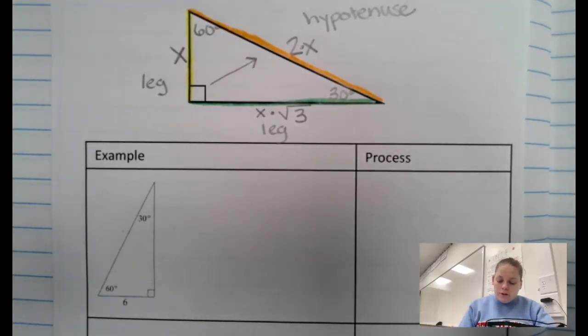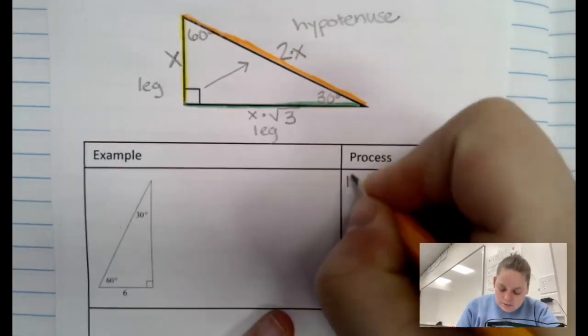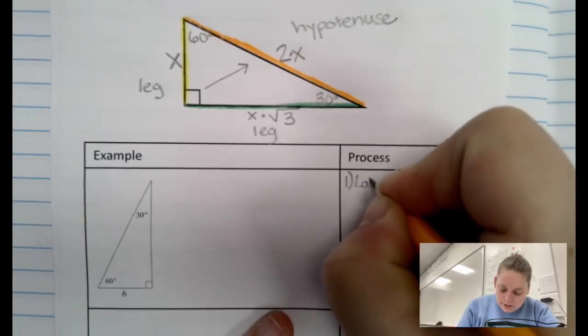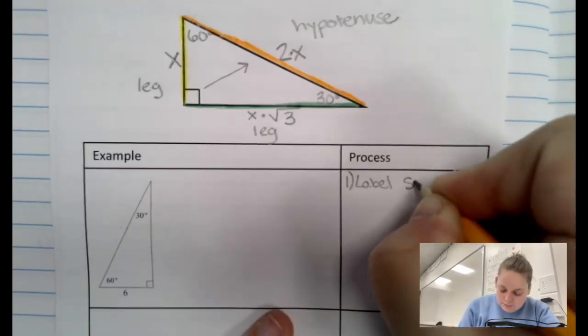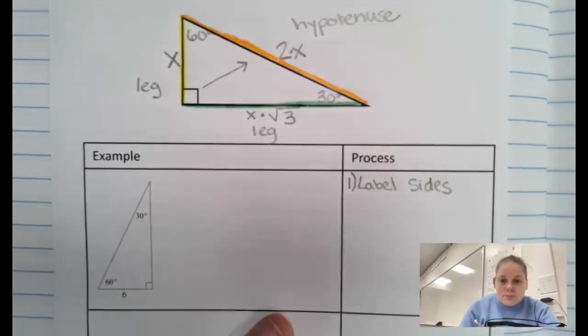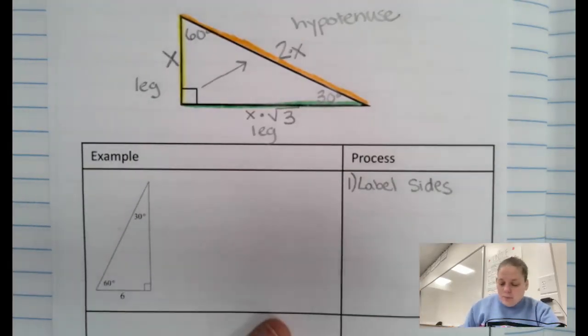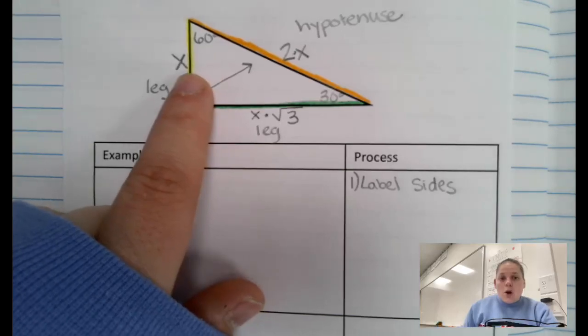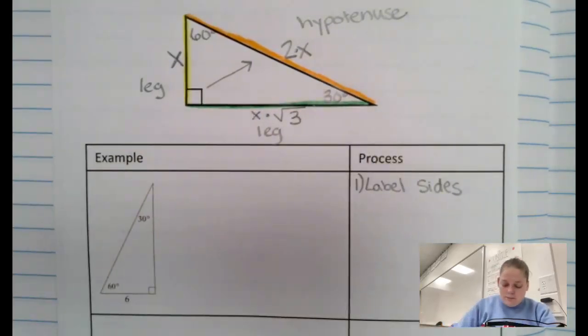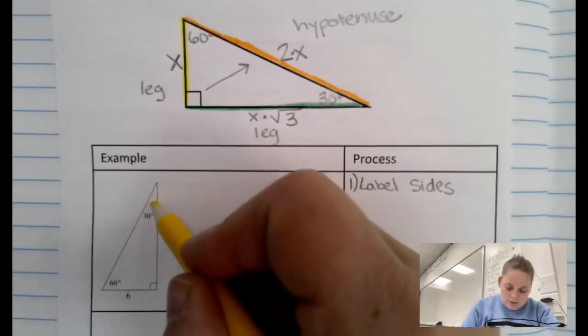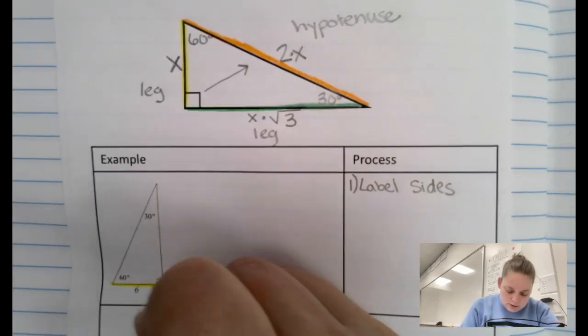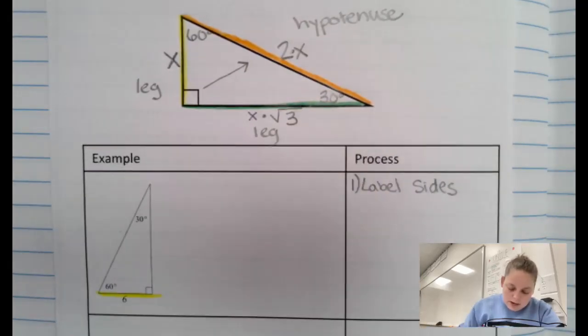All right, our first idea and our first process here is going to be to label the sides. Okay, so the x is always located across from the 30. So here's my 30. So I'm going to go across from that. So that's my x.